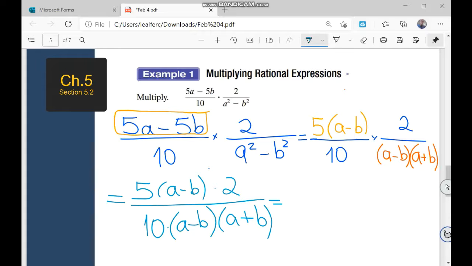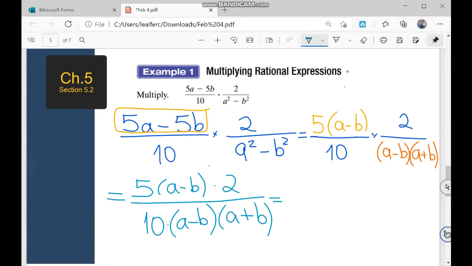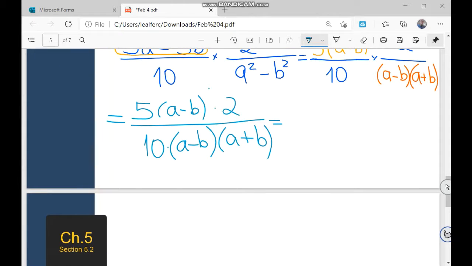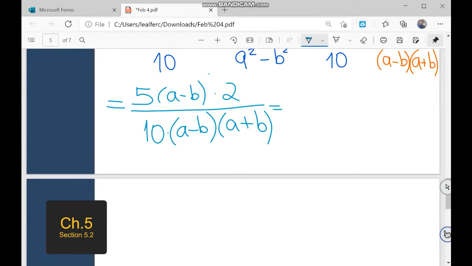At this point here, can you spot anything that we can cancel out, that we can simplify, that you have in common on the numerator and the denominator? Can you see any factors that are common to the numerator and the denominator?